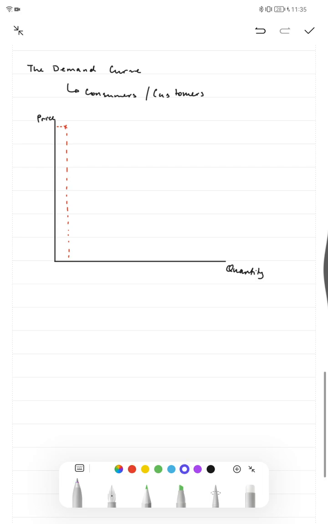But as the price tends to fall, we can buy more of that product, and so on, until the price is very, very low, and we can buy a lot of that product. So generally connecting these points will give us the demand curve. And we tend to label that with a D in economics.